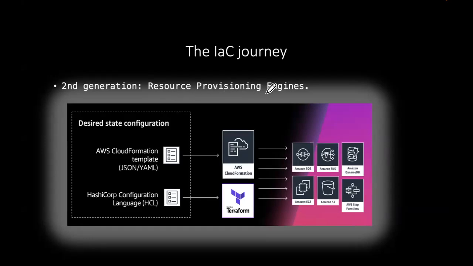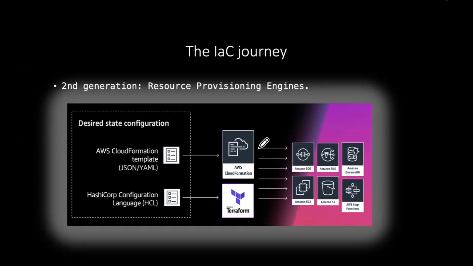Now, a resource provisioning engine is another service. In the case of AWS, it's a service called CloudFormation. It's a service whose only purpose is to create infrastructure resources for you.